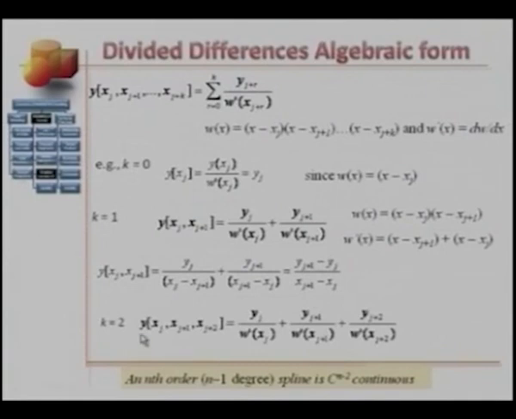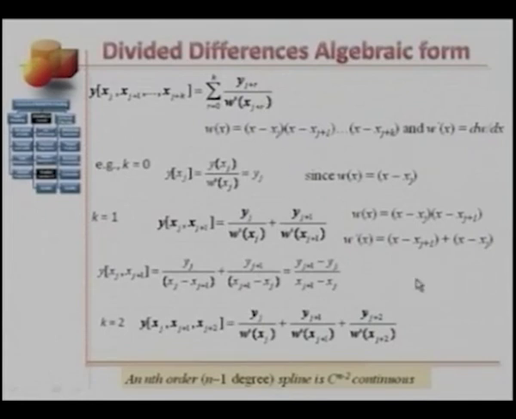we have y of xj, xj plus 1, xj plus 2 equals yj over w prime xj plus yj plus 1 over w prime xj plus 1 plus yj plus 2 over w prime xj plus 2.